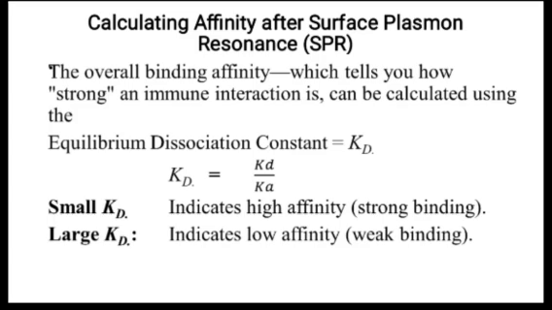So the smaller the equilibrium dissociation constant, the higher the affinity between the antigen and antibody, and the larger the equilibrium dissociation constant, the lower the affinity between the antigen and antibody. So this is a yardstick we use in calculating the rate of association and dissociation between antigen and antibody reaction.